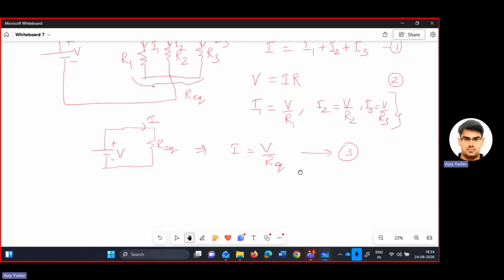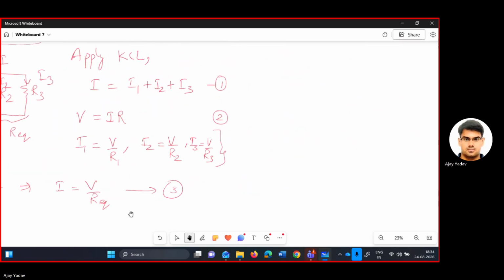When you put the values, you will find that I, which is V by R equivalent, equals V by R1 plus V by R2 plus V by R3.